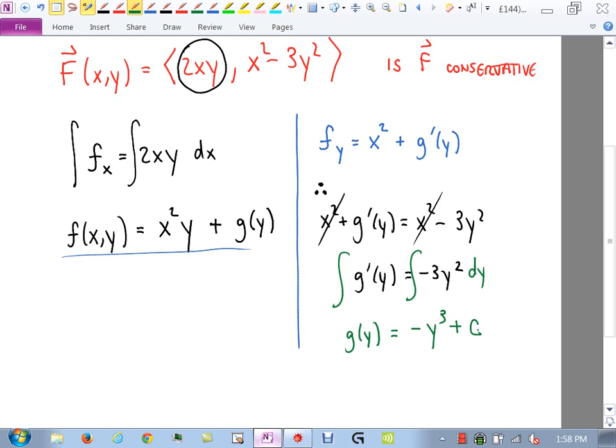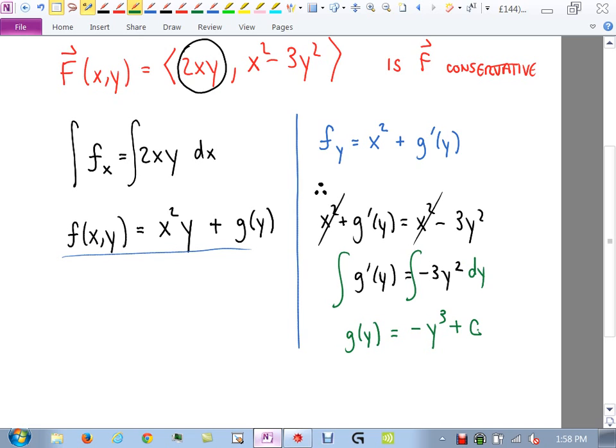Plus some constant. Now, could it be that it has an x in it? No, because remember over here, we said that g of y had only y's in it, right? Didn't have x's in it. Because if it would have had x's in it, then the derivative of it wouldn't have been 0.